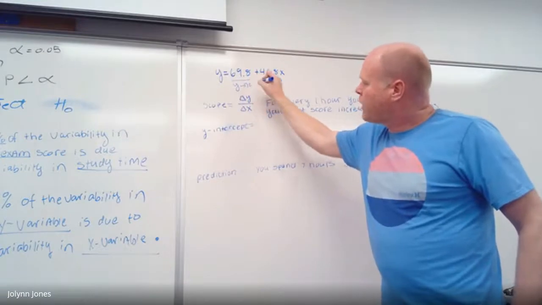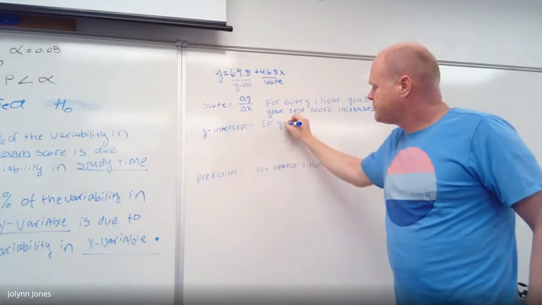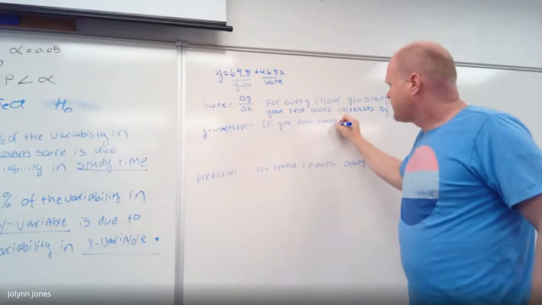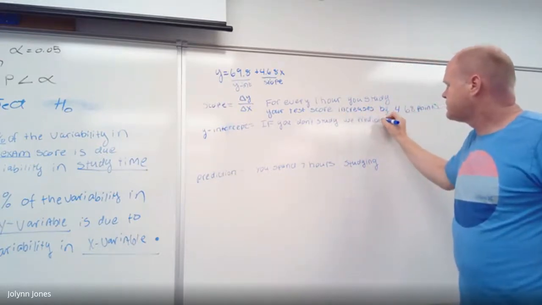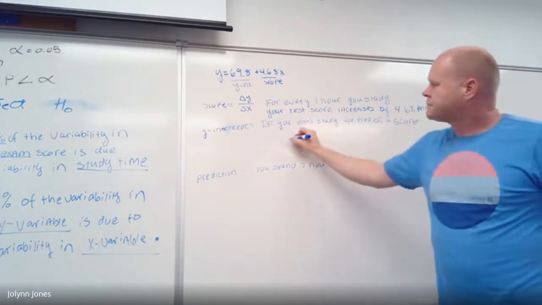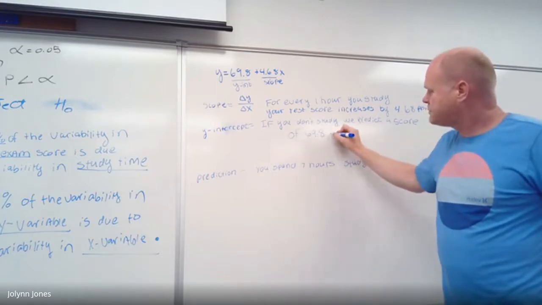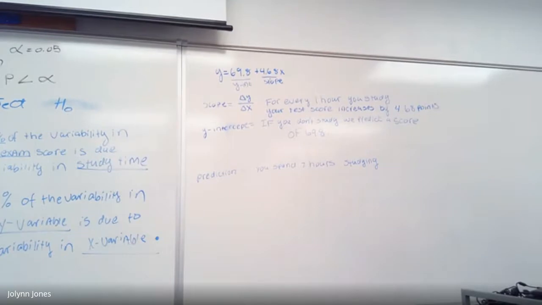Remember the y-intercept happens when x is 0, so we're saying if you don't study, we predict a score of 69.8. So someone that does not study, we would predict a score of 69.8.